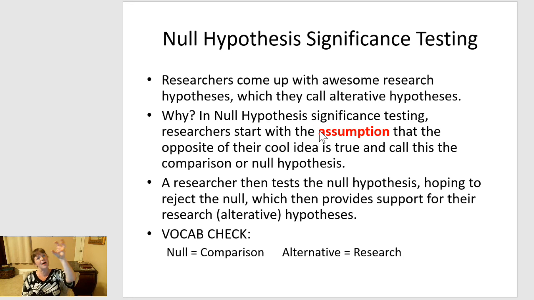But then I create my null hypothesis as a comparison. I create this null, boring comparison hypothesis where I say that the groups are not different, that men and women are exactly the same, that they are not different, and that is the hypothesis I'm going to test. I'm going to test the null hypothesis, the boring hypothesis, the comparison hypothesis.